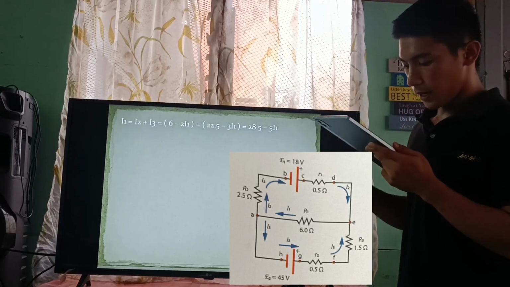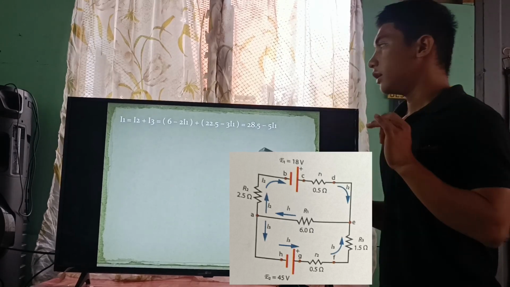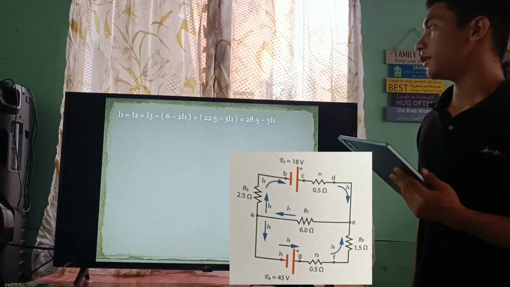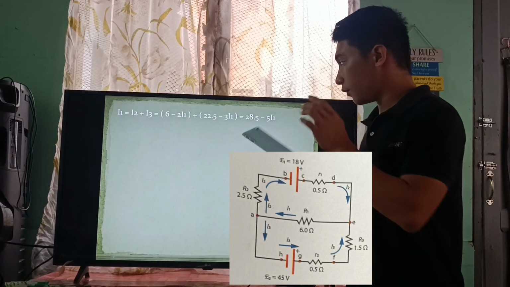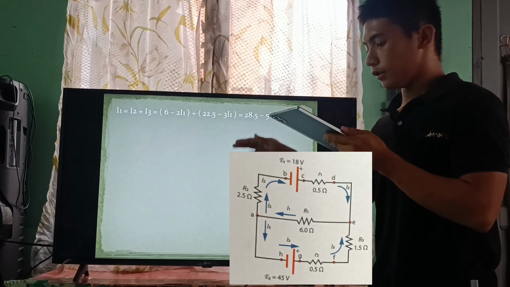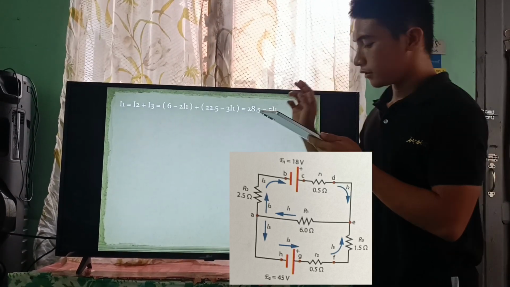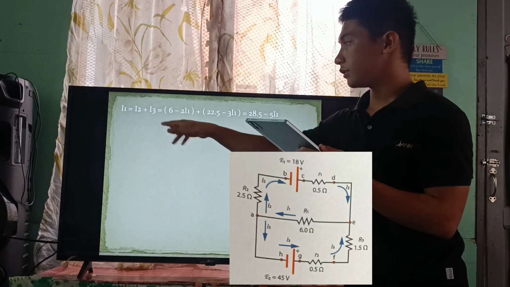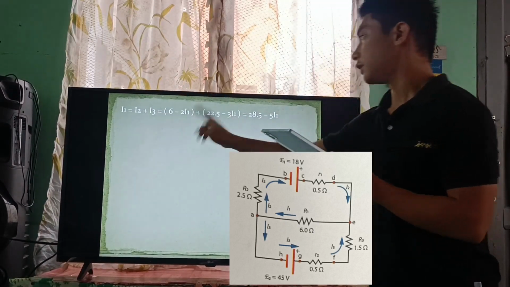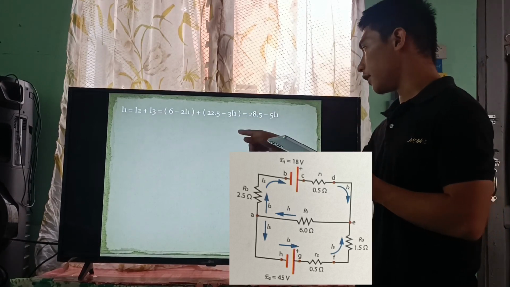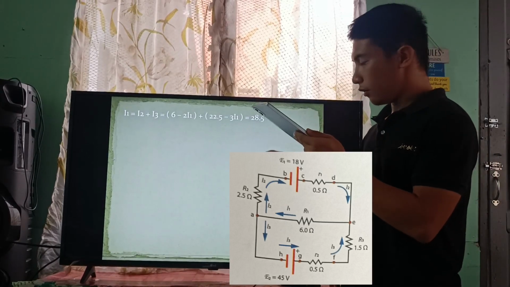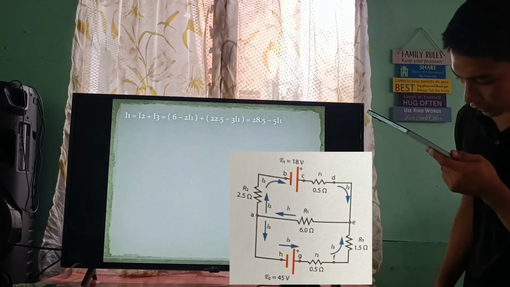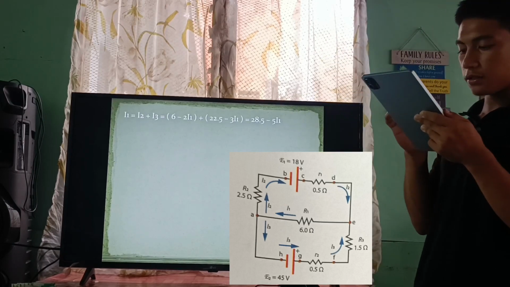So it will be I1 equals I2 plus I3 equals (6 minus 2 I1) plus (22.5 minus 3 I1) equals 28.5 minus 5 I1. Substituting the two new equations into the first one allows us to find the value.